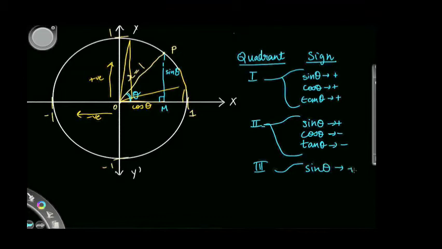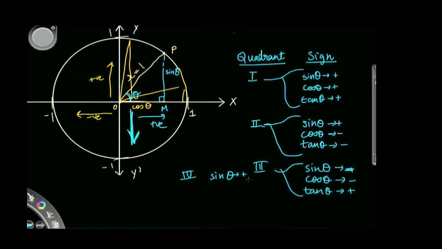So sine theta is negative, cos theta is negative, and tan theta is positive. In the fourth quadrant, sine theta is negative, cos theta is positive, and tan theta is therefore negative, because minus by plus is minus. So this is the sign scheme.